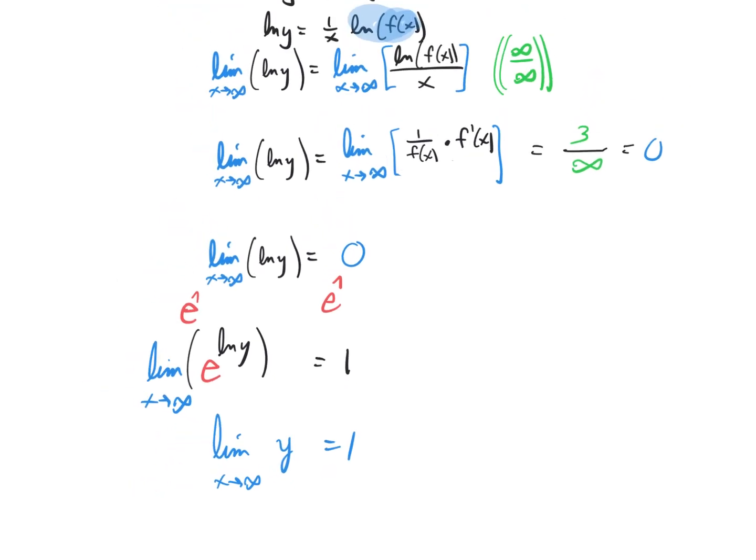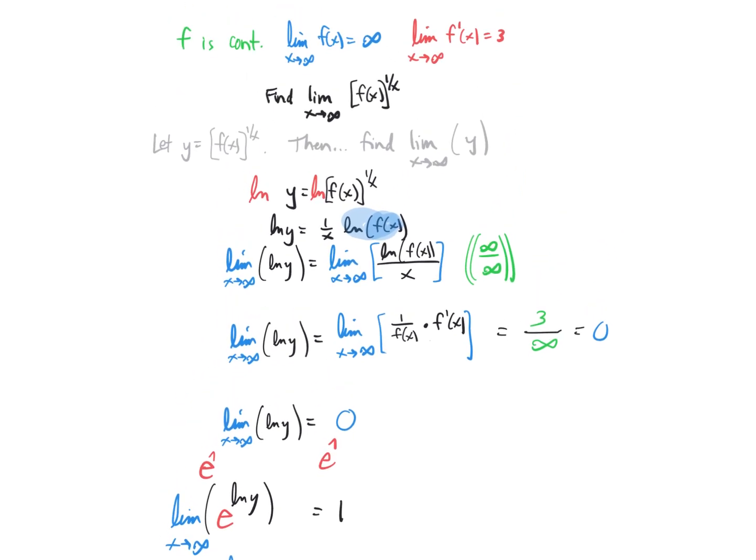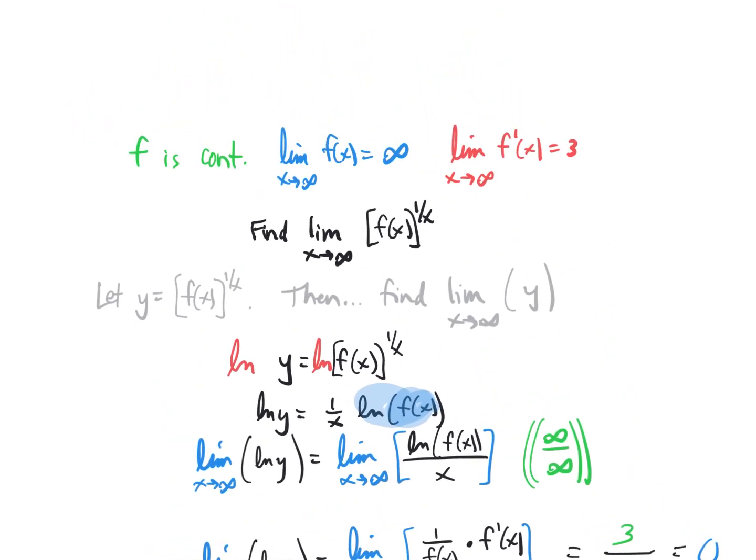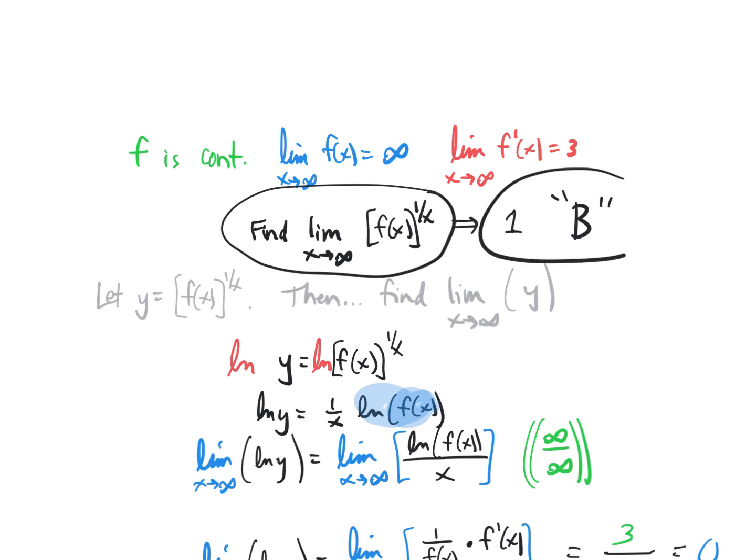And that's what we're looking for, the limit as x approaches infinity of y, because we let y equal this. So we have found exactly what they asked us for. The answer is 1, which was choice B. There you go.